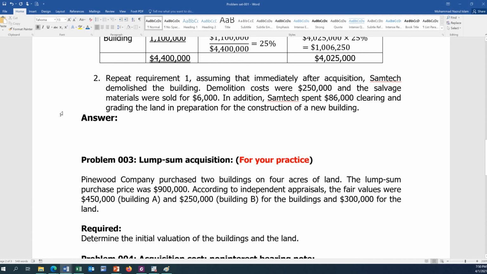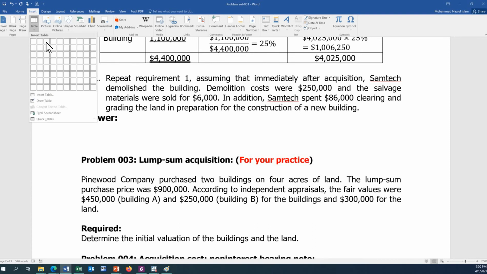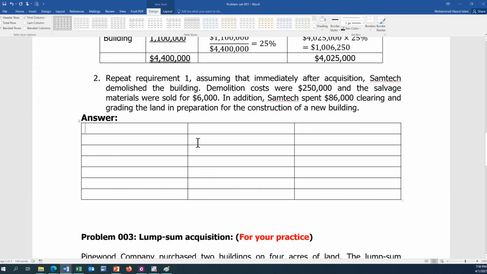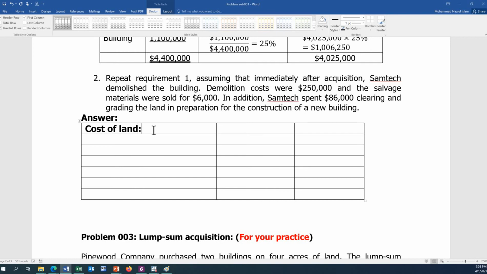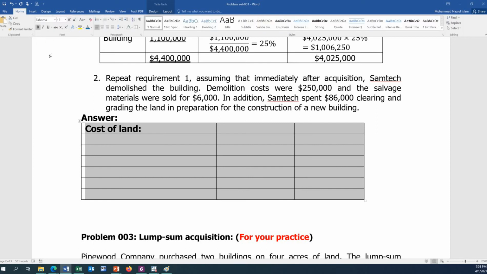So the cost of the land would be, so now let's use a new one. Okay, cost of land. Let's make a different color, right alignment.